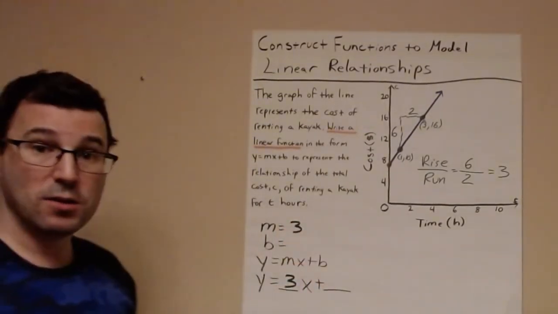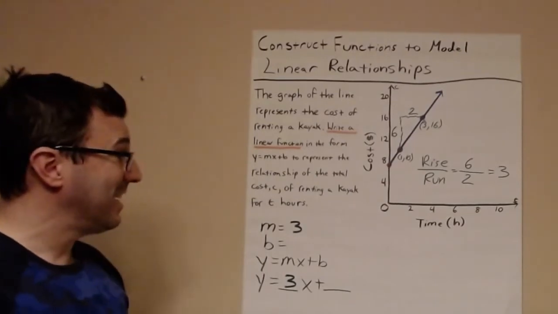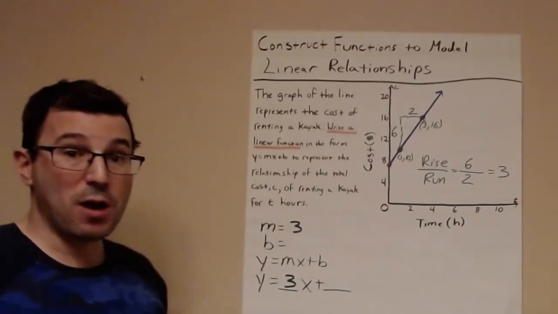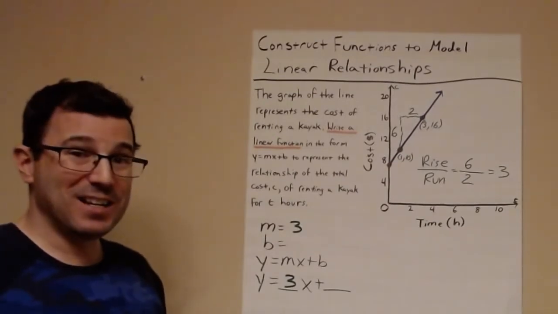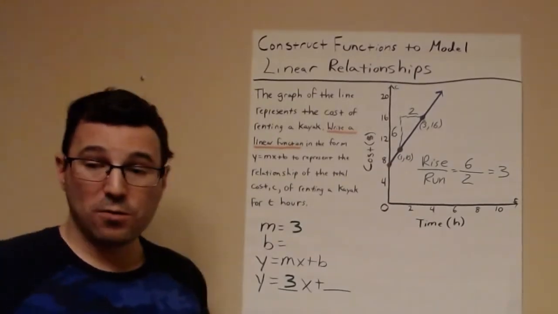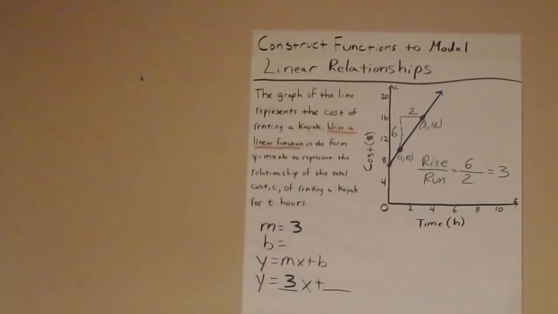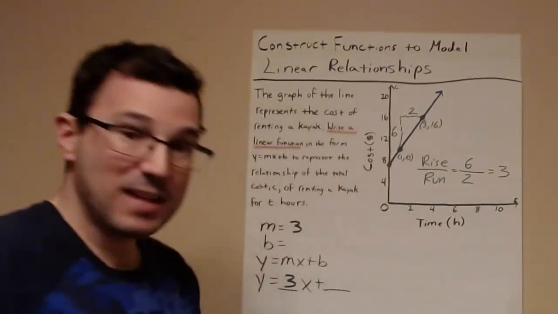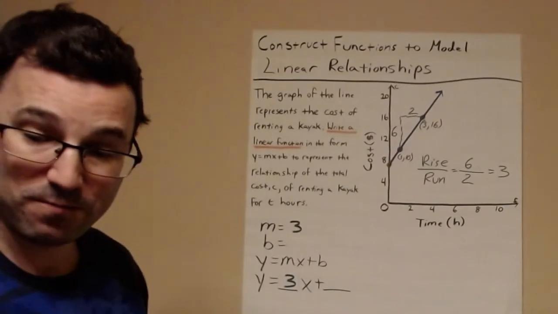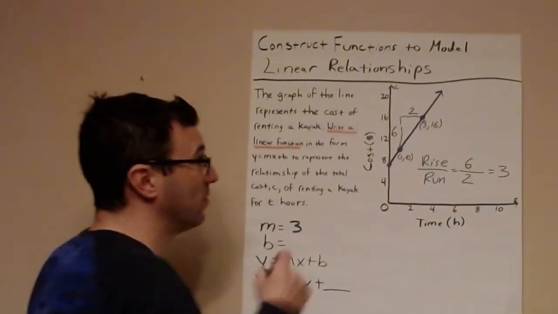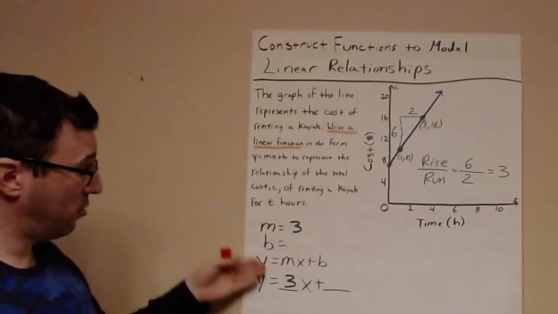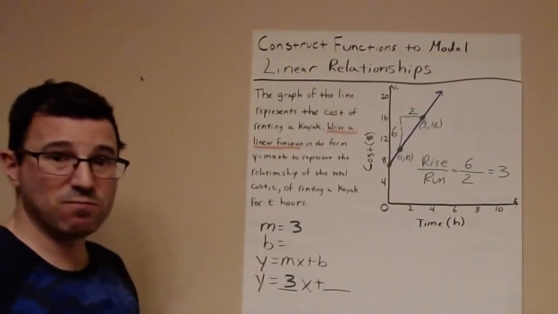So far we got that. Here's the problem. I've got to figure out how to find the y-intercept. And it's actually not that difficult. I have pretty much most of my equation.